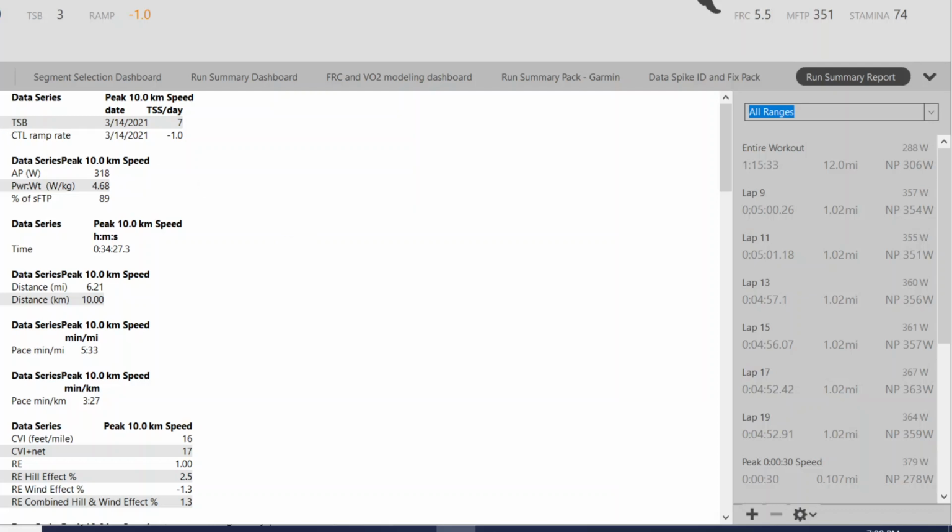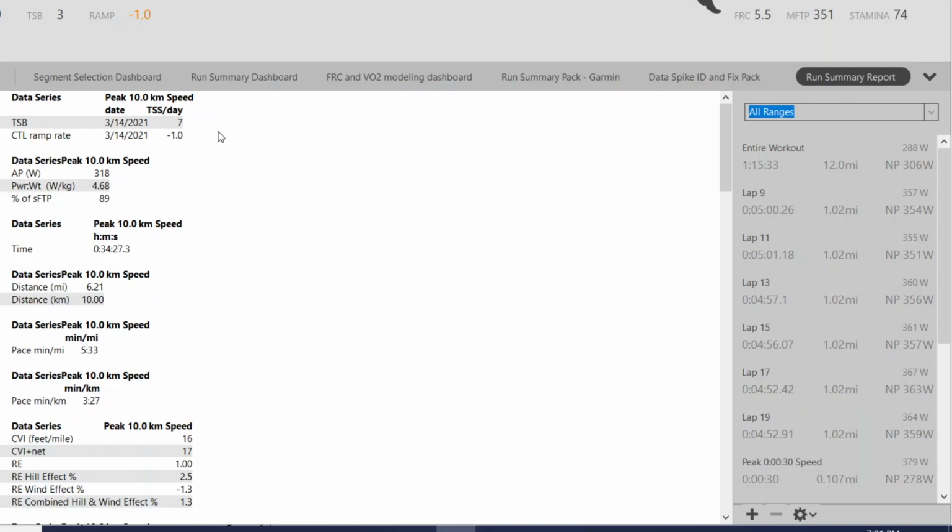So what we have here is the TSB, the training stress balance for that day, and the ramp rate on that particular day. You can see this athlete has a positive TSB, and the ramp rate is negative.